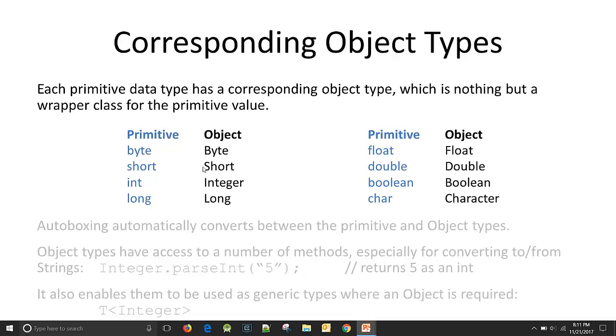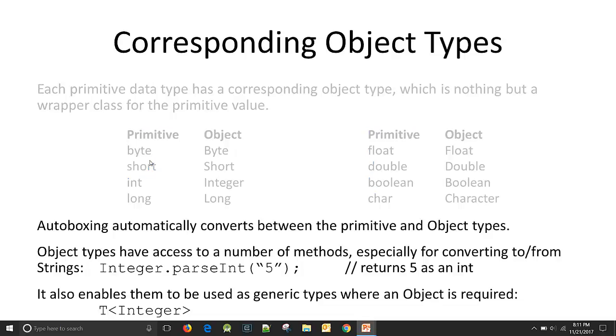This object type is a reference type variable, and this is a primitive type variable. And Java knows to convert between those, and this is called autoboxing. Java will automatically convert between a primitive and object type when needed. So if you have, let's say, an Integer where you need an int, Java will almost always convert for you between an Integer and an int.